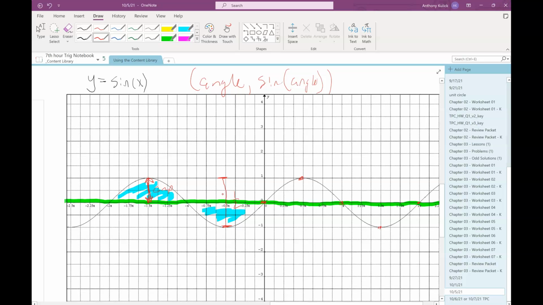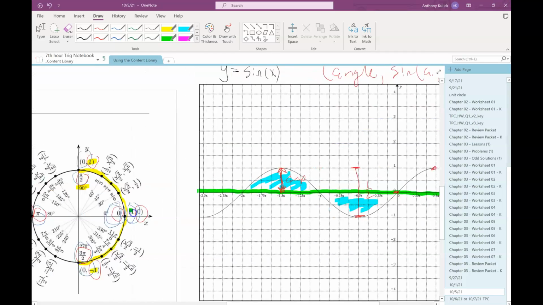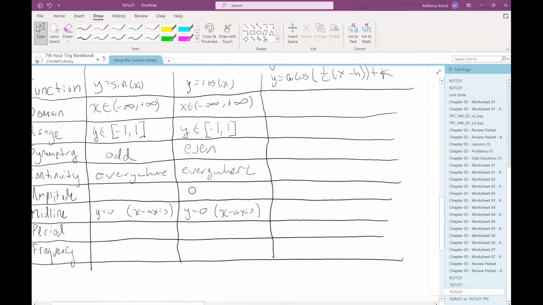Yes, of course. Either way of thinking about it is fine. I usually think about it as an extreme point to the midline, but on occasion it's useful to think about it the other way. So in the case of sine and cosine, that amplitude is just going to be 1, right? If you look at the distance from the midline, which is at 0, up to the maximum, which is at 1, it's 1.